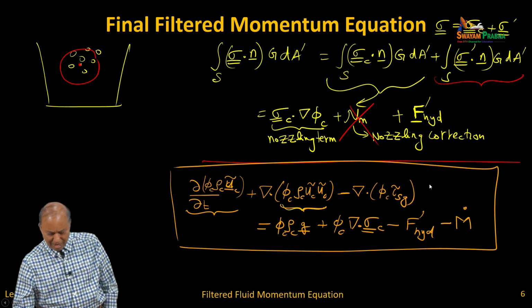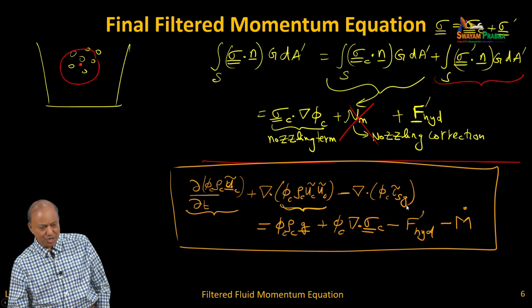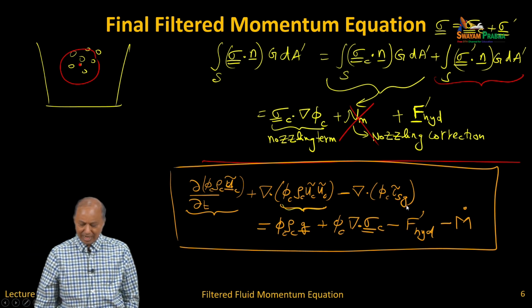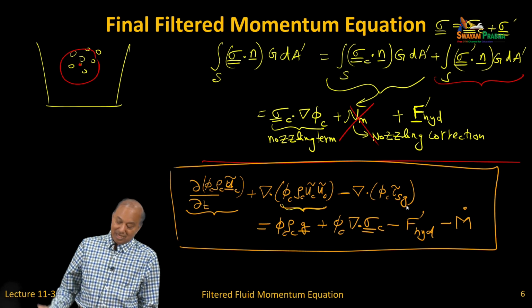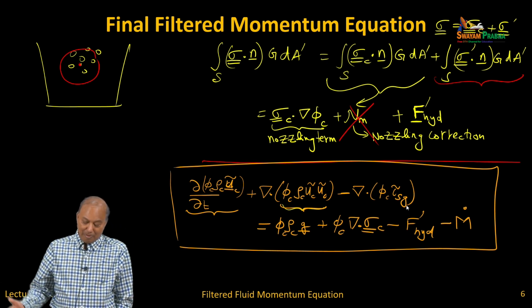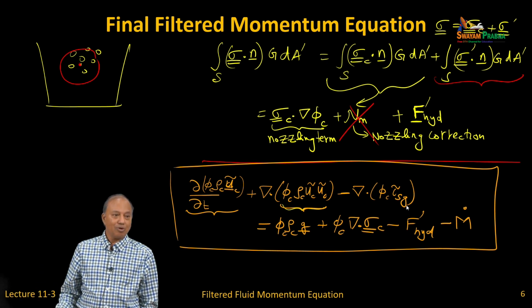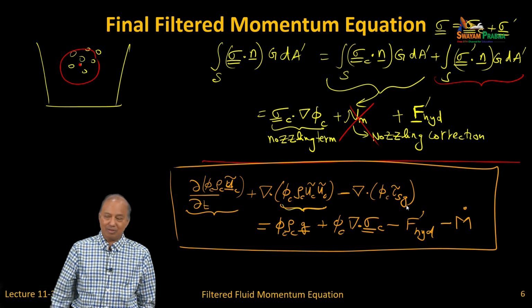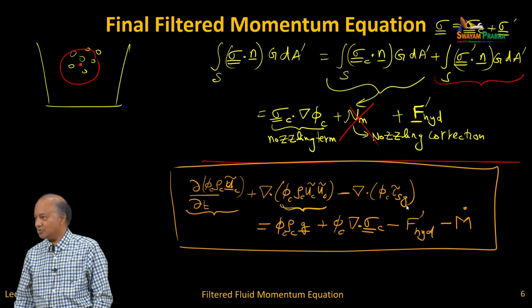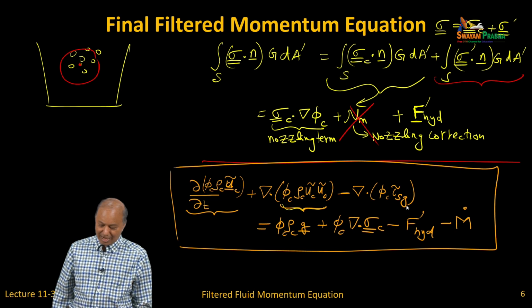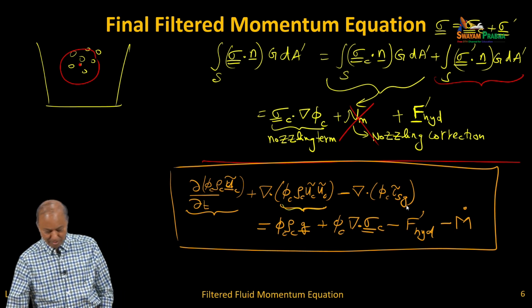So, you have to model this term tau SG, but for that modeling you may simply use whatever people use for Smagorinsky closure or dynamic Smagorinsky closure or whatever you can use. Okay. But keep in mind that you are doing it for multi-phase turbulence.